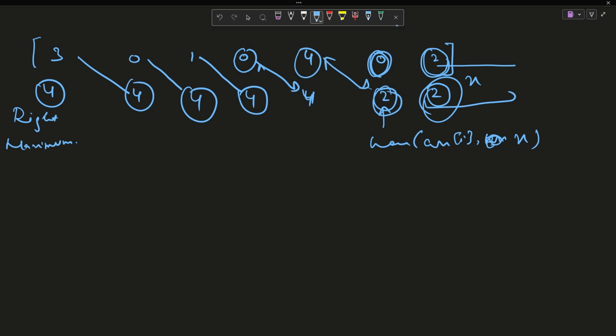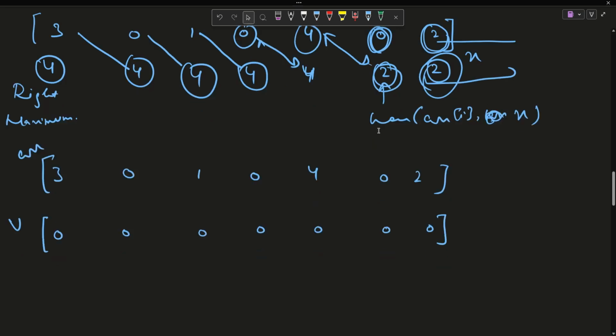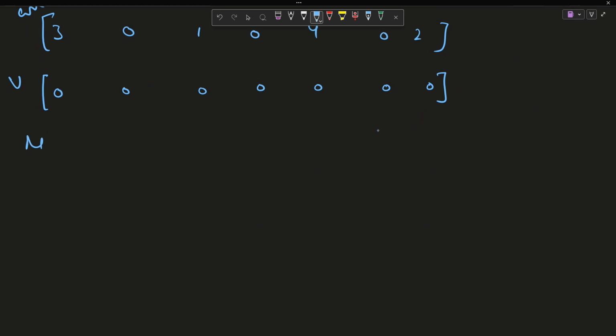So what I'm trying to do is, for this particular array 3 0 1 0 4 0 2, let me make, like this is ARR, let me make a V of the same length, initialize all values by 0, right? And then use a loop. How? Say maxC equals 0, and now for i going from n minus 1 till 0, do something like this.